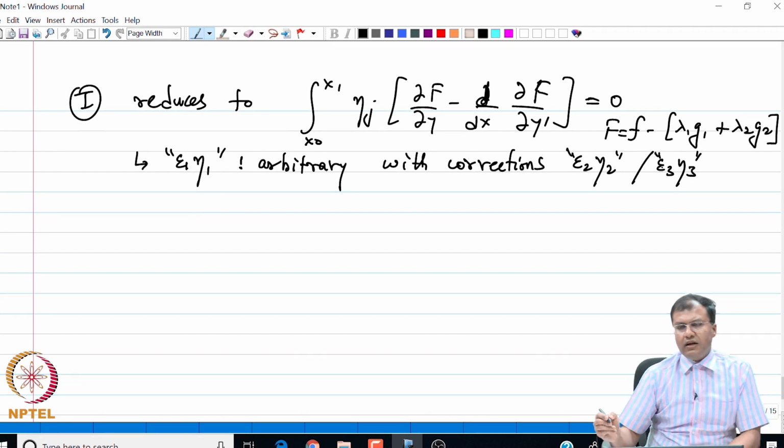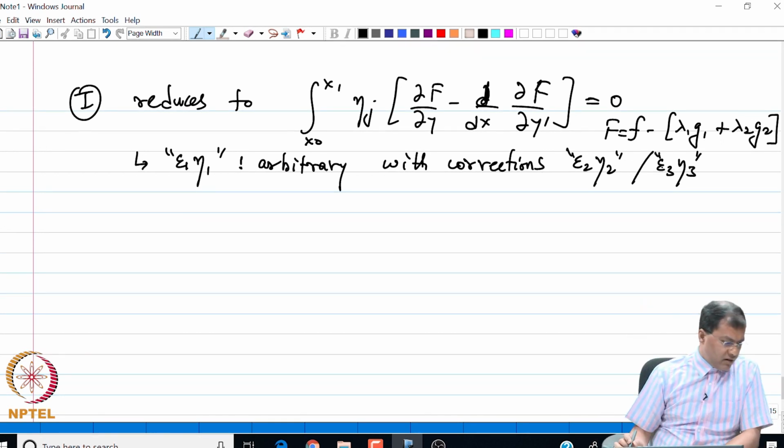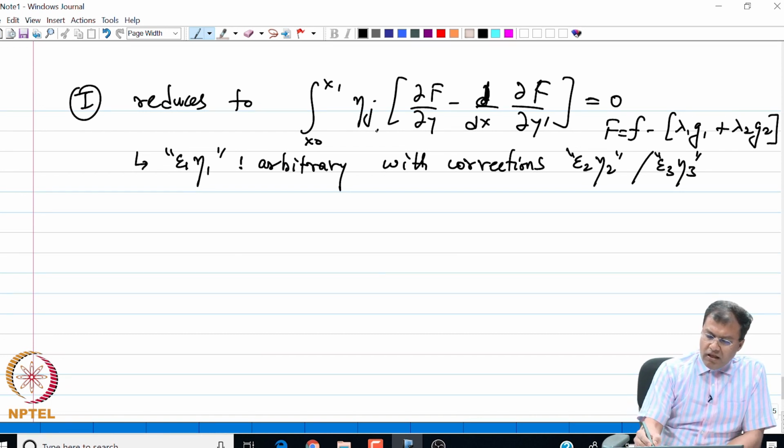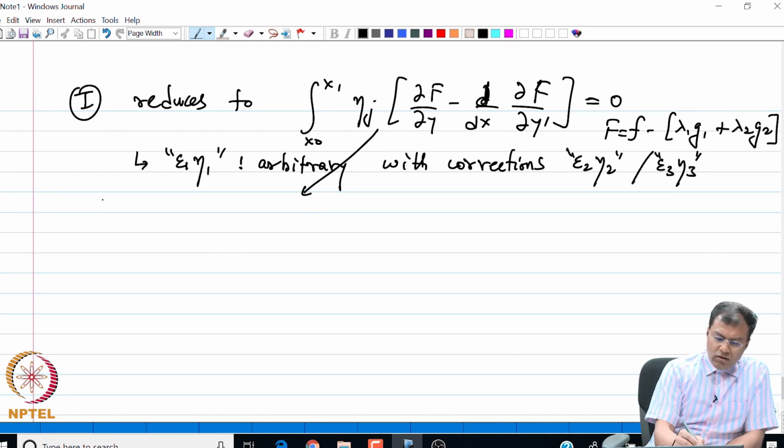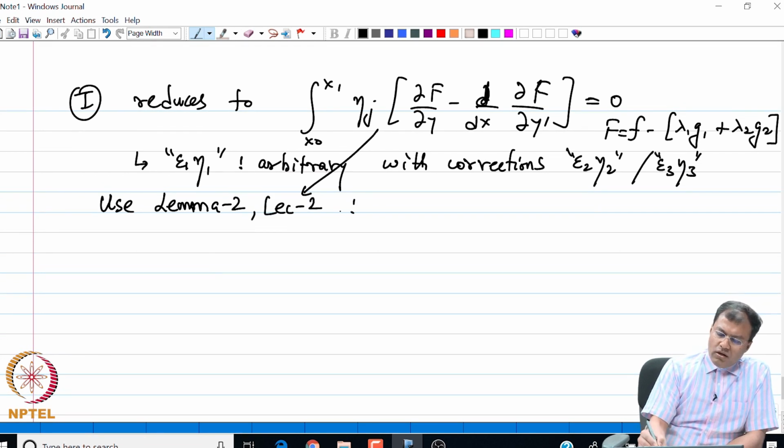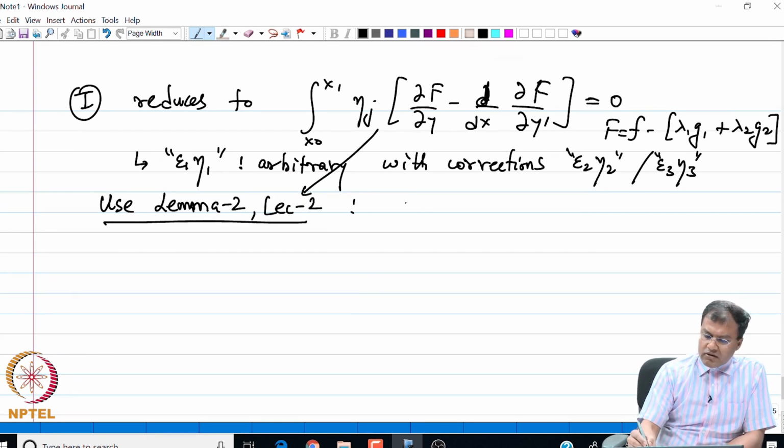The corrections are due to the respective isoperimetric constraints. Okay. So, this condition can now be reduced if we use lemma 2 in our lecture 2; we can reduce this integral constraint into the differential constraint with the following condition.